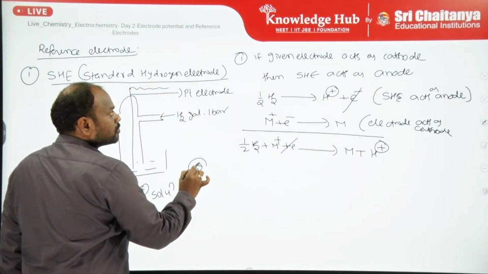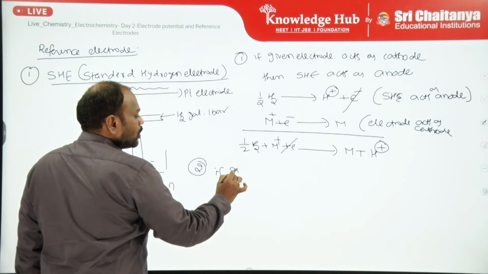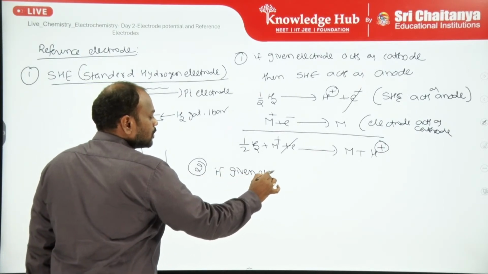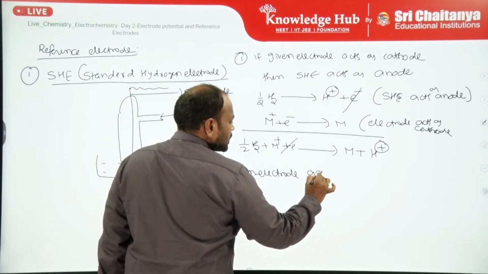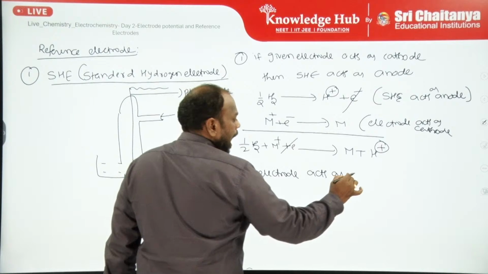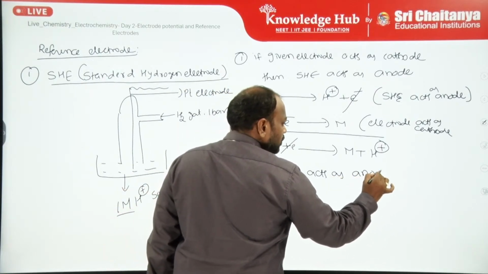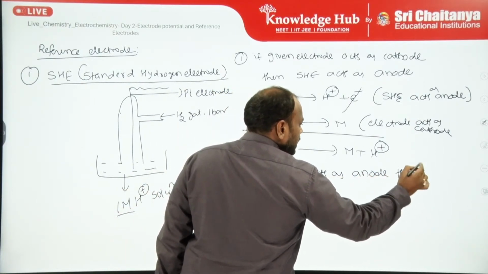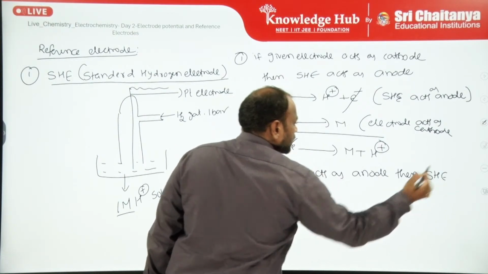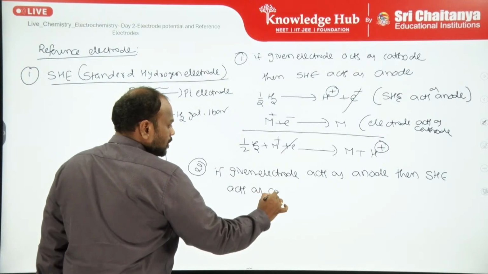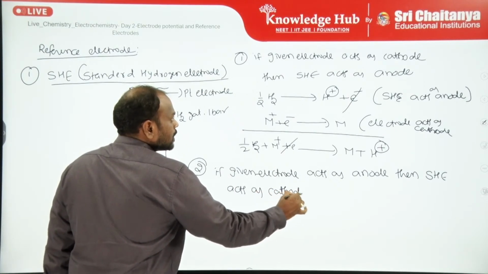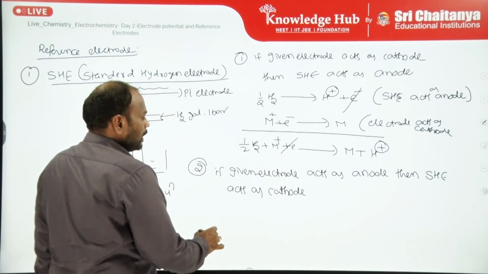See case 2. If the given electrode acts as anode, then SHE is acting as cathode. The reverse reaction takes place. So what happened here?